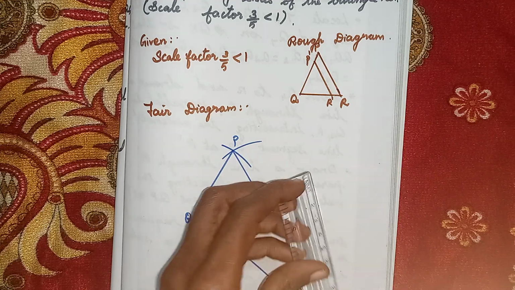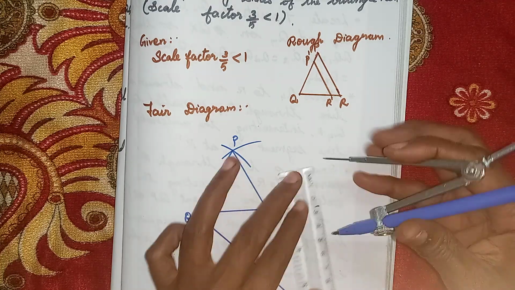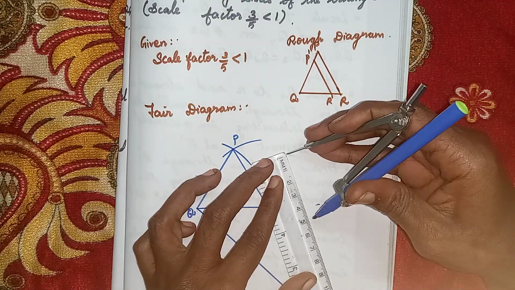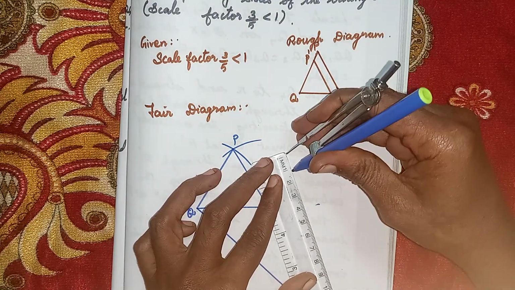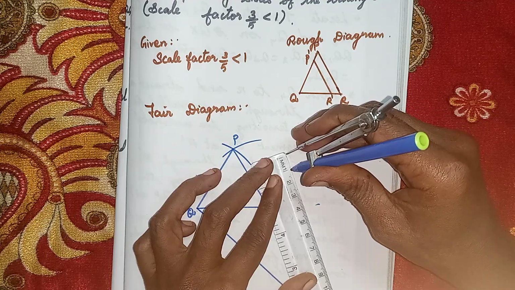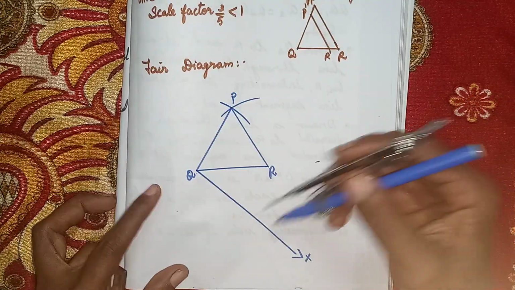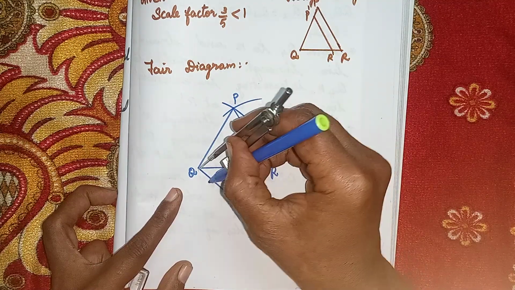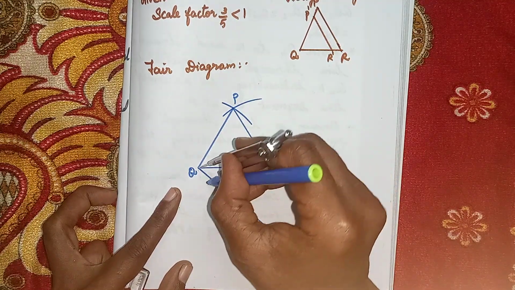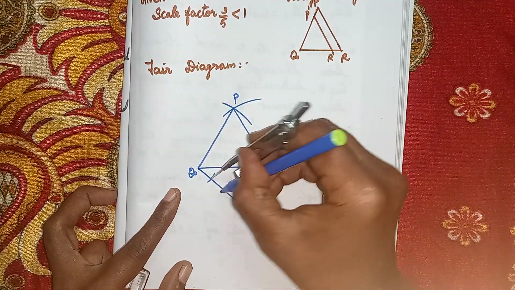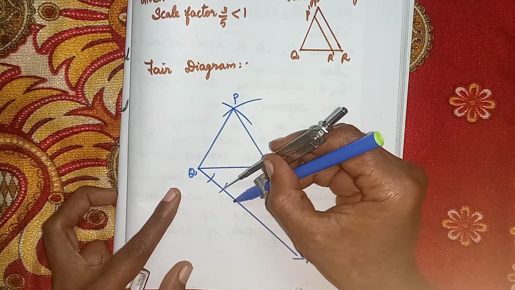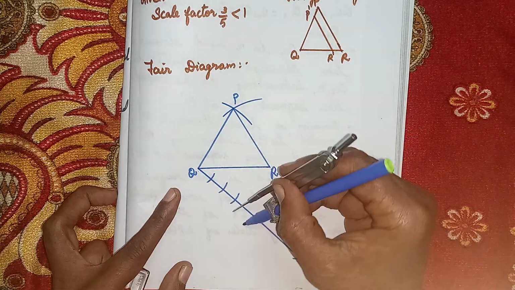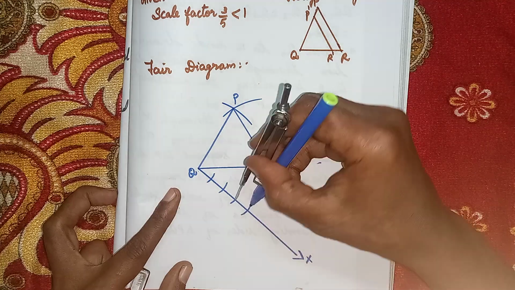You can take any measurement, but I am taking 1 centimeter. With 1 centimeter I am splitting this, from here 1, 2, 3, 4, 5.